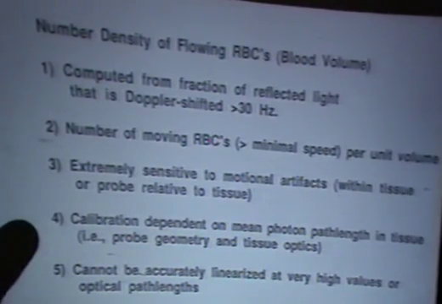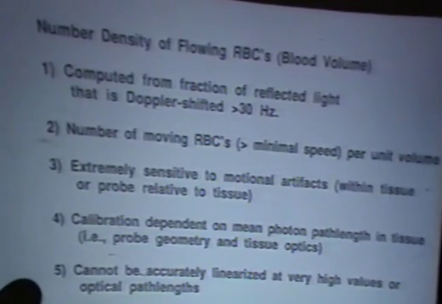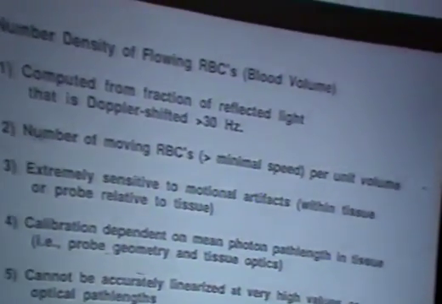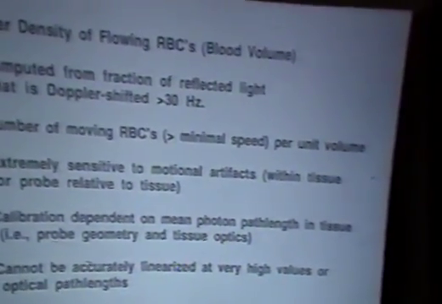And the calibration is dependent upon the mean path length. It's linearly dependent on the mean path length in the tissue, which is dependent upon probe geometry and tissue optics, and it cannot be accurately linearized at high values of optical path, at high values of volume or number density of red cells or optical path lengths.